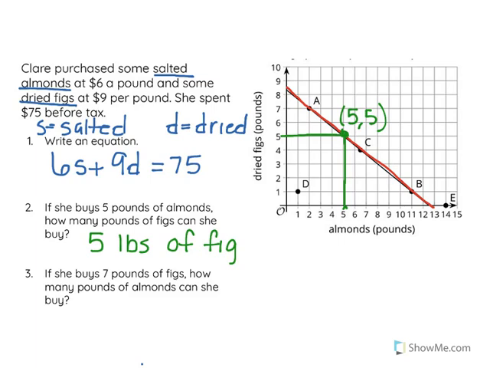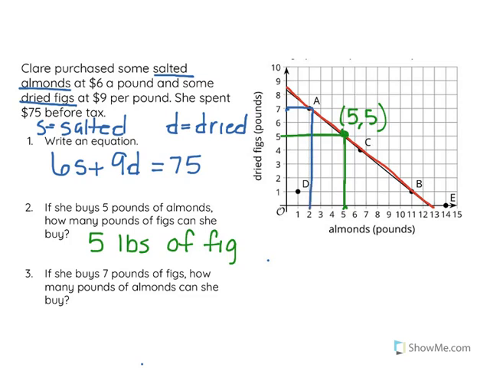Last question, if she buys 7 pounds of figs, how many pounds of almonds can she buy? So now we're talking about figs, which is on our y-axis. So I'm going to go ahead and draw from 7 figs and then go down.